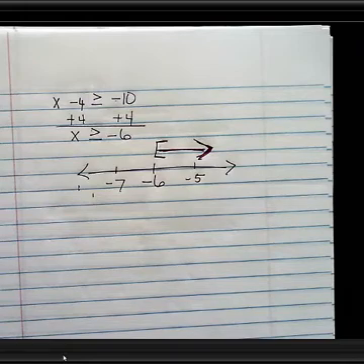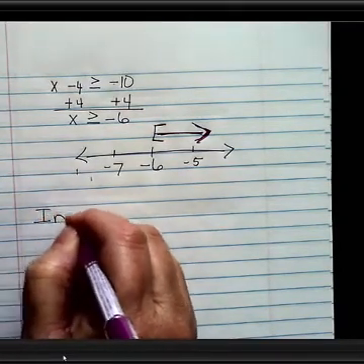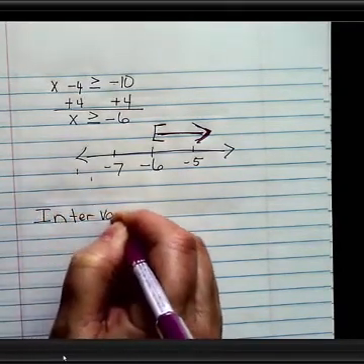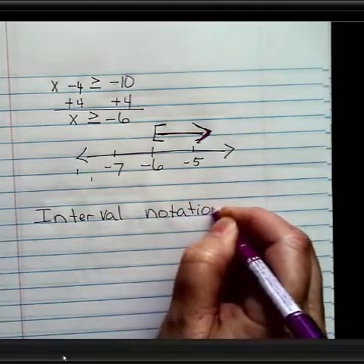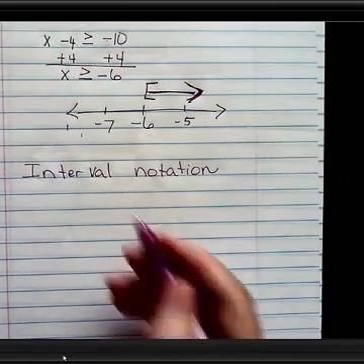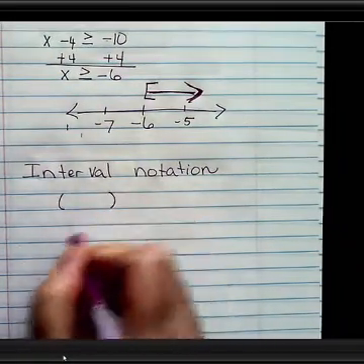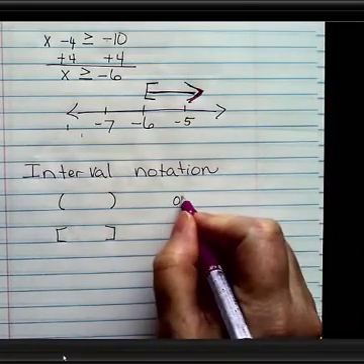Now, we have something that's called interval notation. With interval notation, you have parentheses and you have brackets and you have infinity.